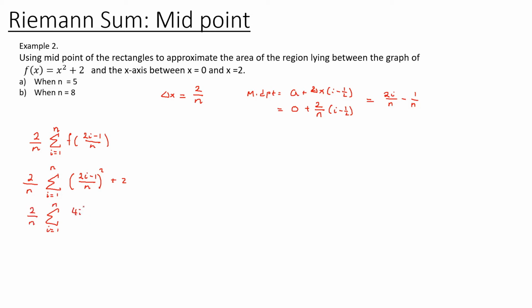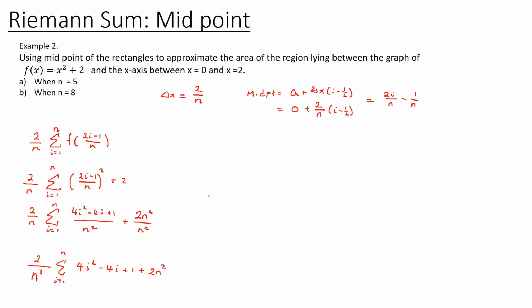So we have 4i squared minus 4i plus 1 over n squared. Once again, I'm going to put this over a common denominator, so 2n squared over n squared. Again, n is a constant, so we could factor that out. So it will be 2 over n to the third power, sigma of i to n, and you're left with 4i squared minus 4i plus 1 plus 2n squared.